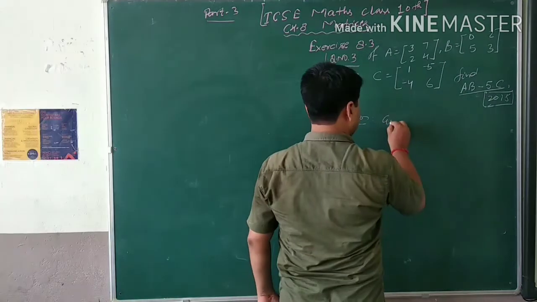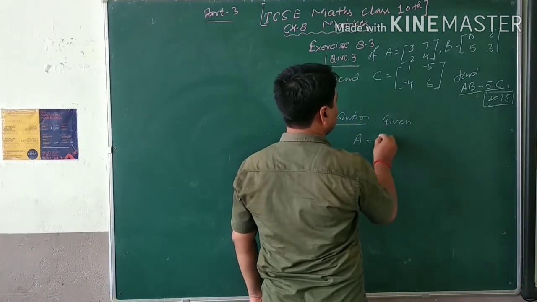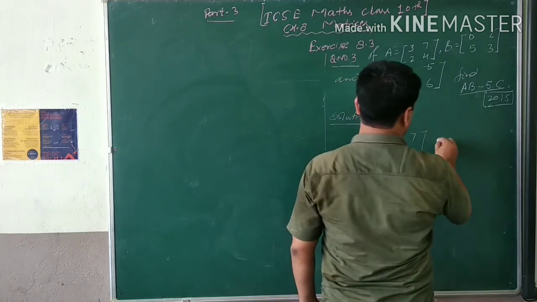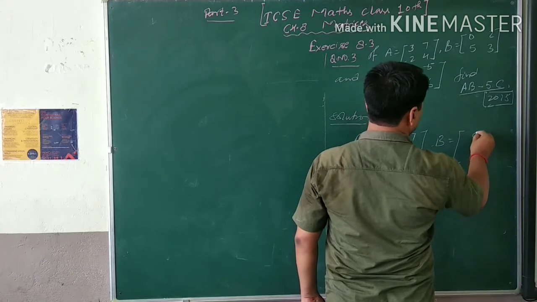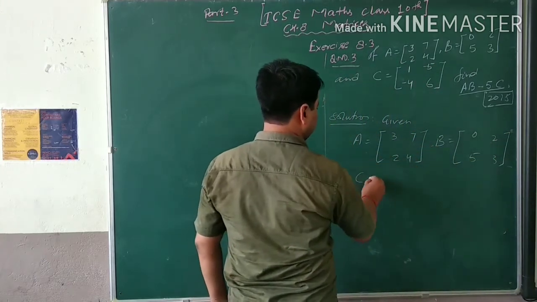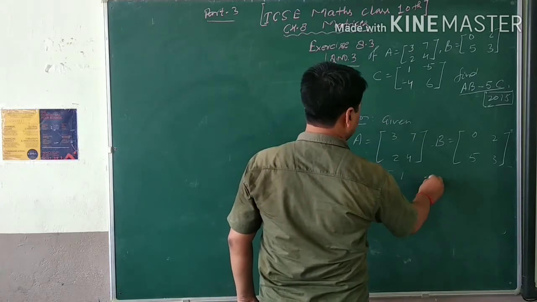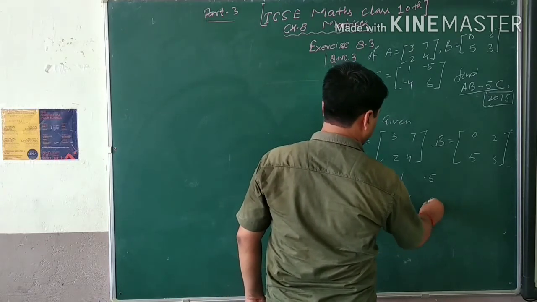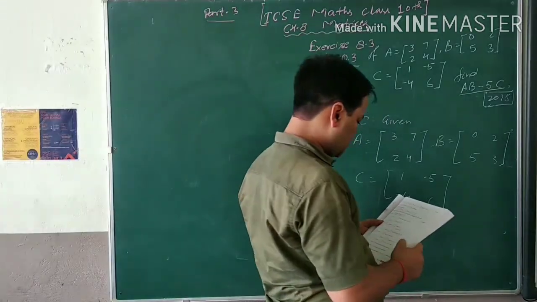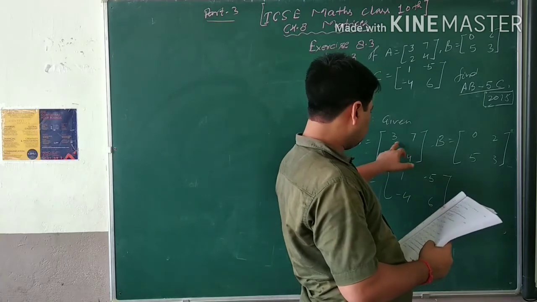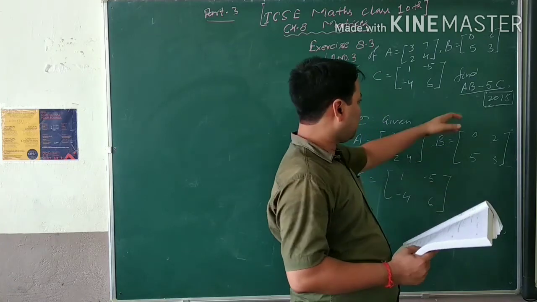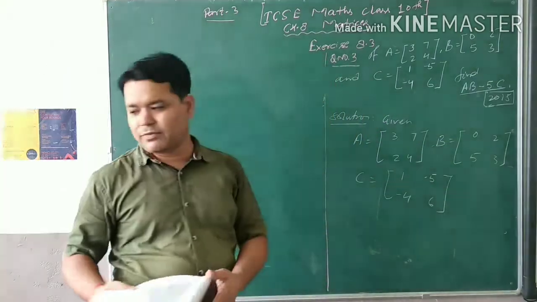Given A is 3 7 2 4, B is 0 2 5 3, and C is 1 minus 5 minus 4 and 6, and we have to find AB minus 5C.